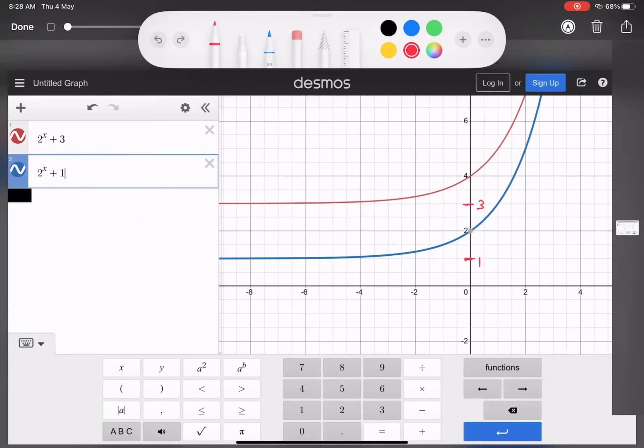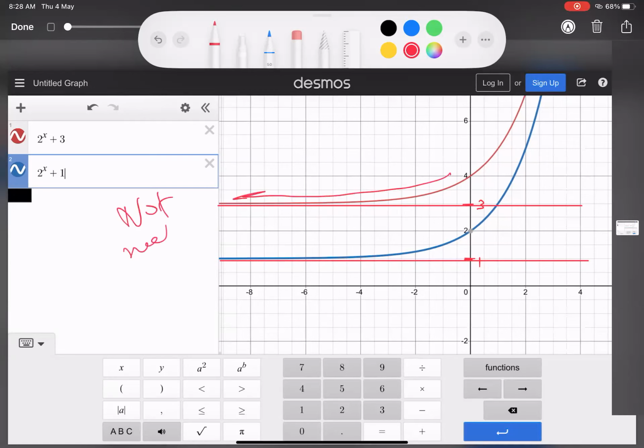So look at here, a line going through 1 is called an asymptote. A line through 3 is called an asymptote. Asymptote means if the curve continues, it will not meet the line. So these 2 lines are called asymptotes. I think you got the point.